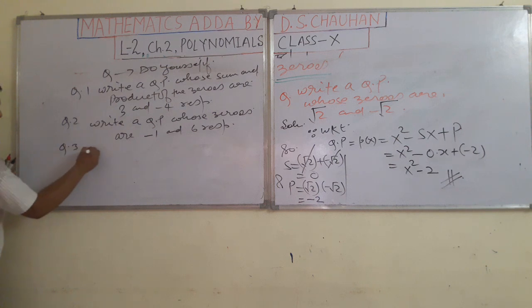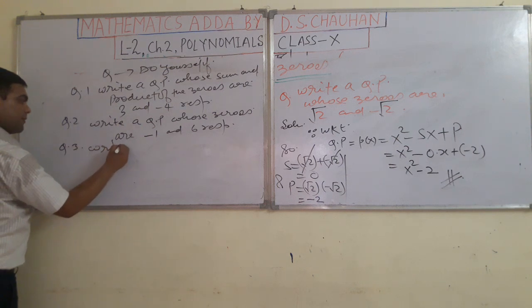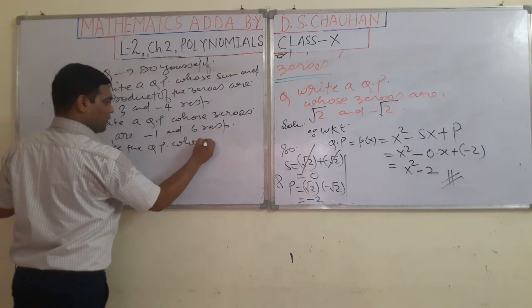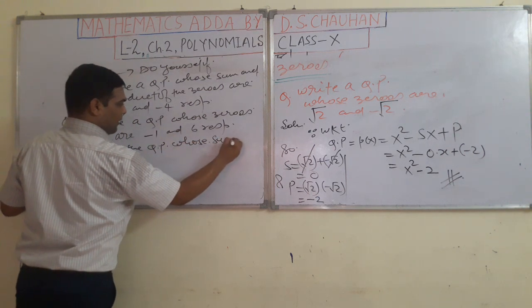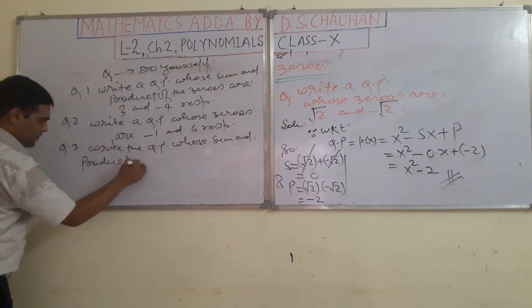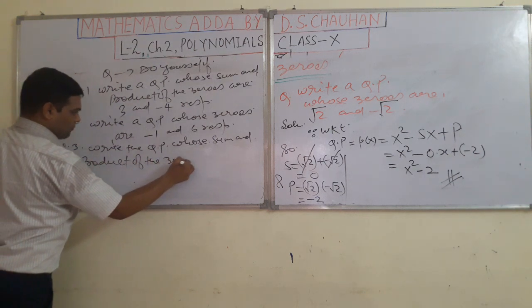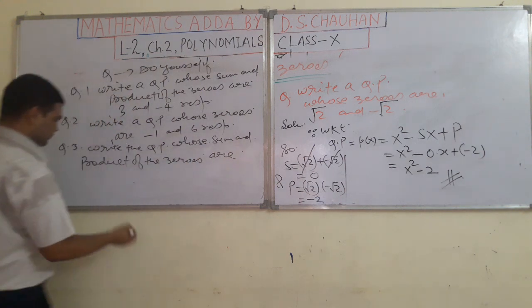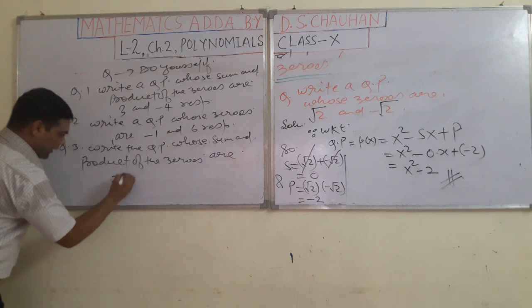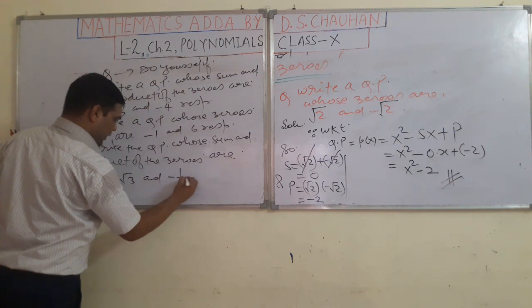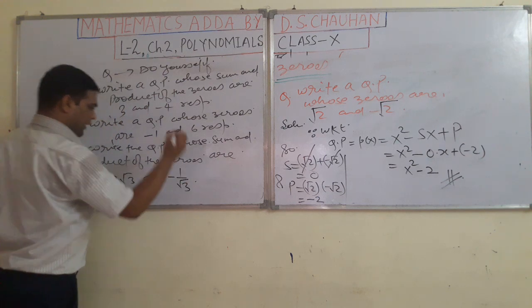Next, write the quadratic polynomial whose sum and product of the zeros are 2 under root 3 and minus 1 by under root 3.